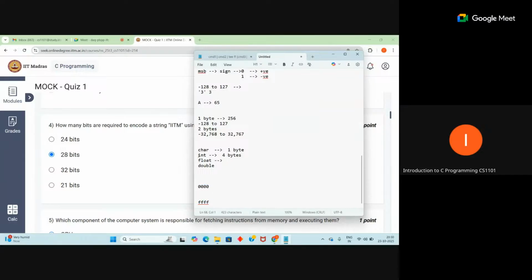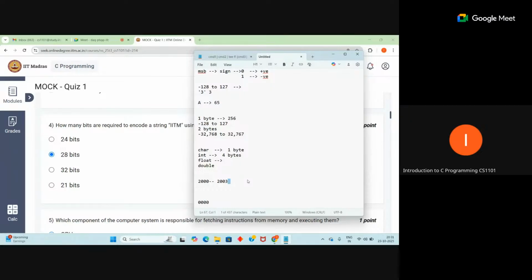If I want to represent an integer and its starting location is 2000, it will take 4 memory locations: 2000, 2001, 2002, 2003. Here you can store an integer value.